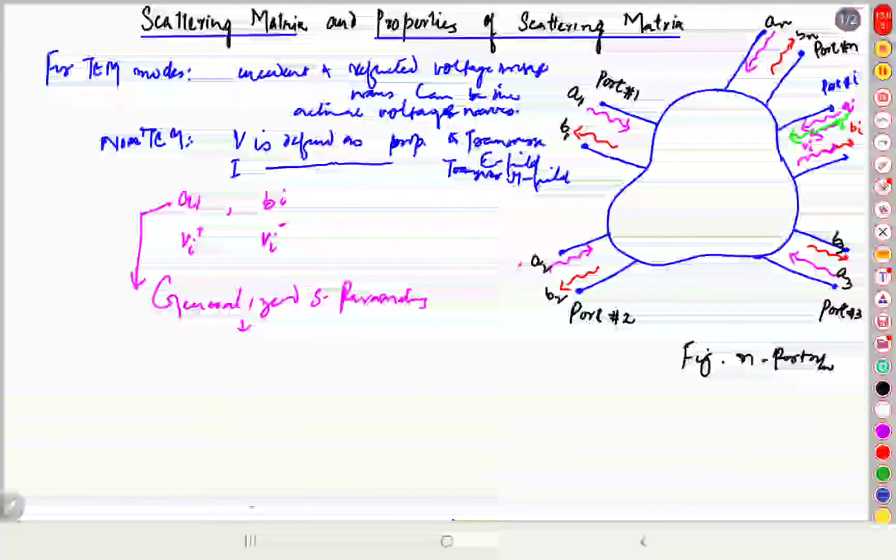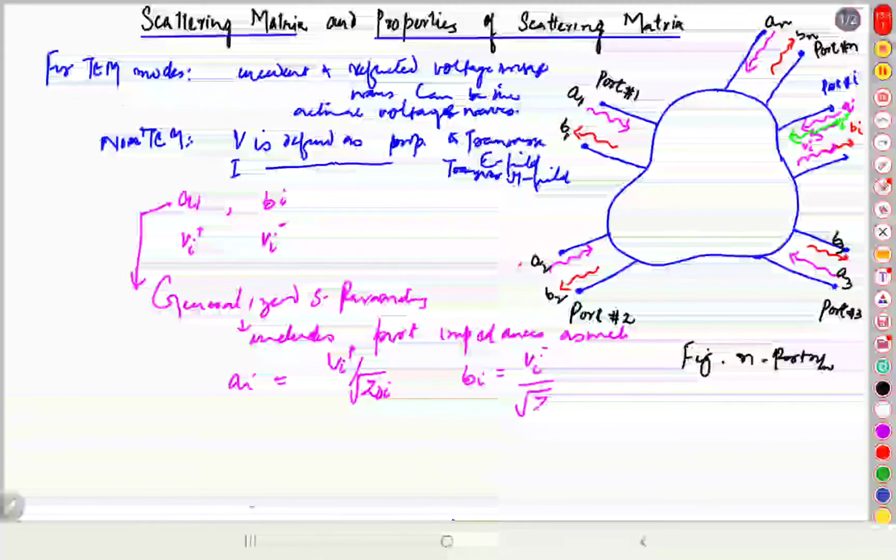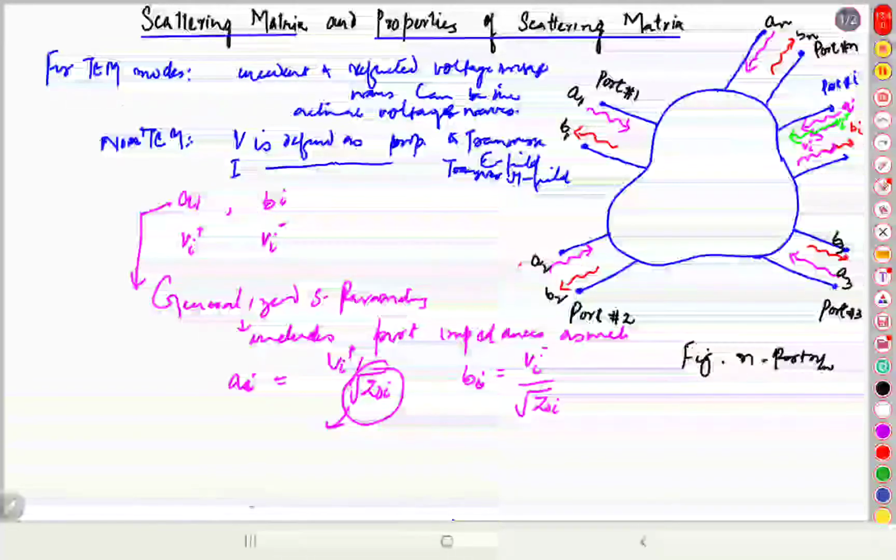It gives generalized S parameters as it includes the port impedances as well. Because AI is VI positive by root of ZOI and BI is VI negative by root of ZOI, where AI corresponds to the incident wave and BI corresponds to the reflected wave, but it takes into account the port impedances.